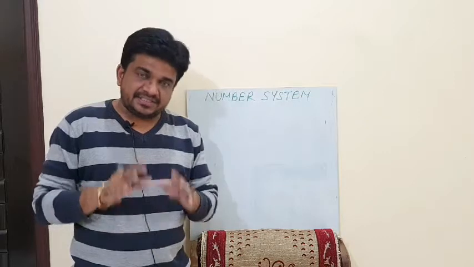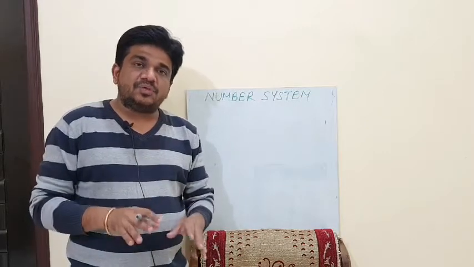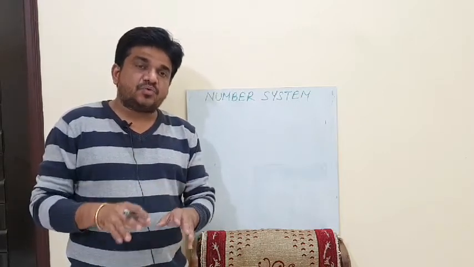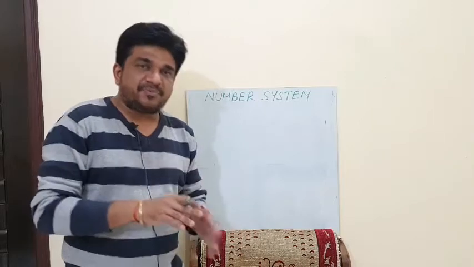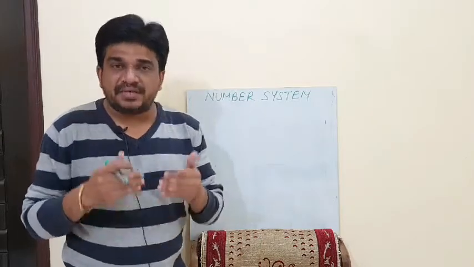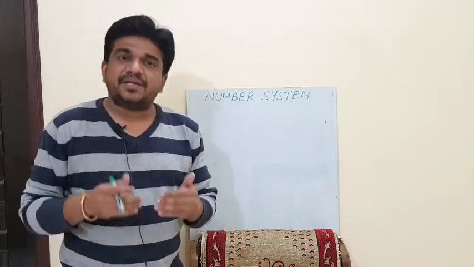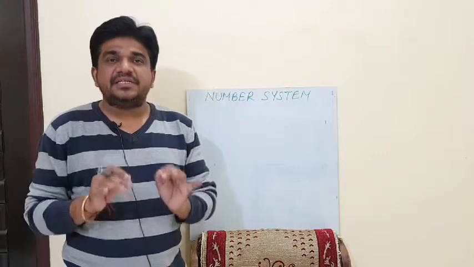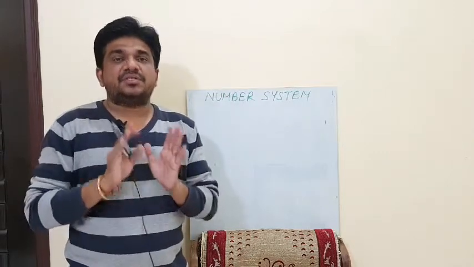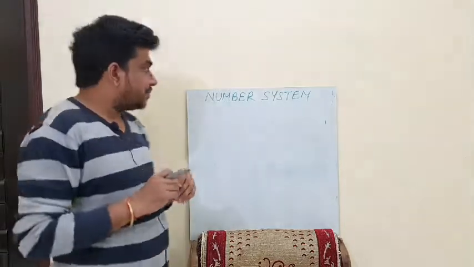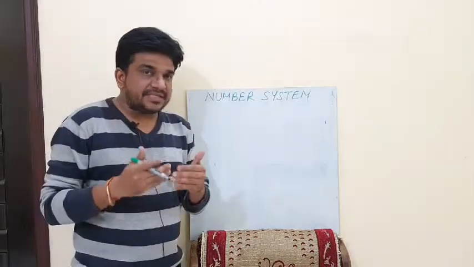It is not necessary that to count everything, in every type of system, we follow the same number system. The number system can vary, but at least we need a system to count things, whatever they are.